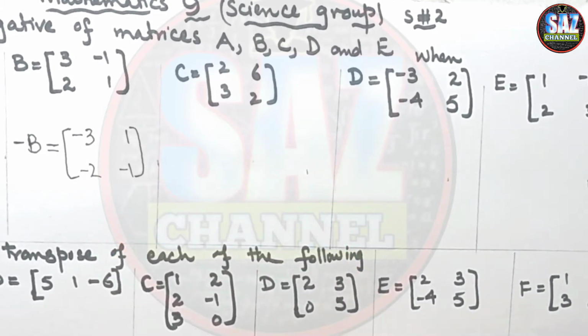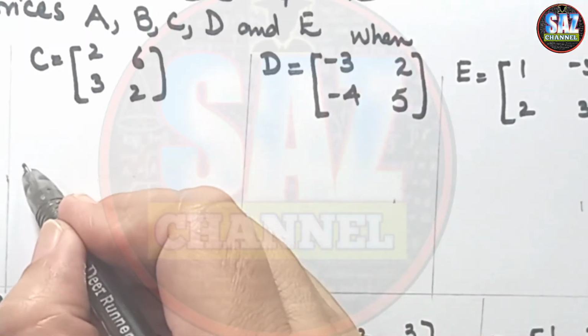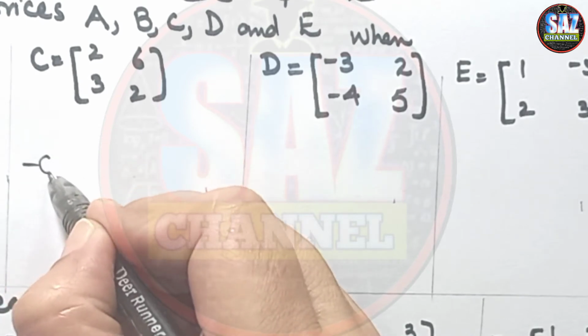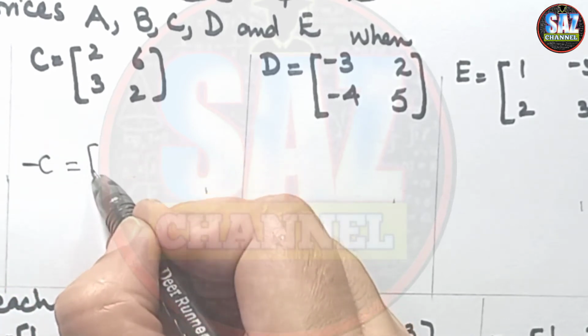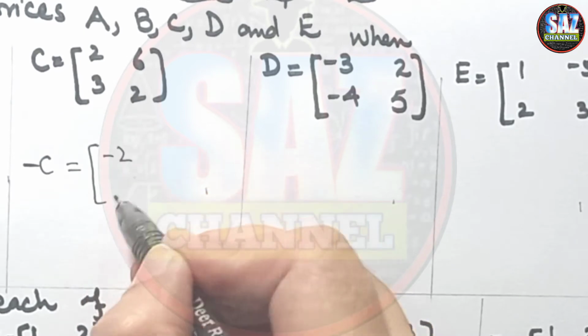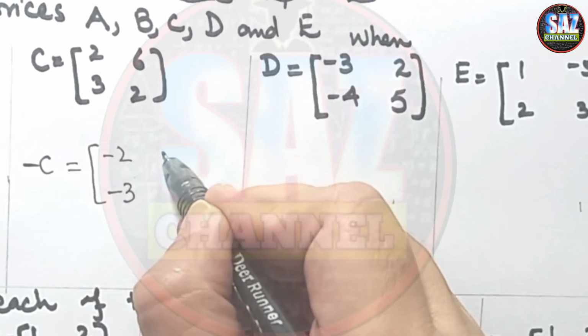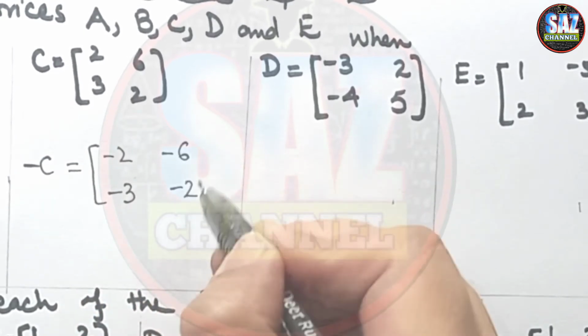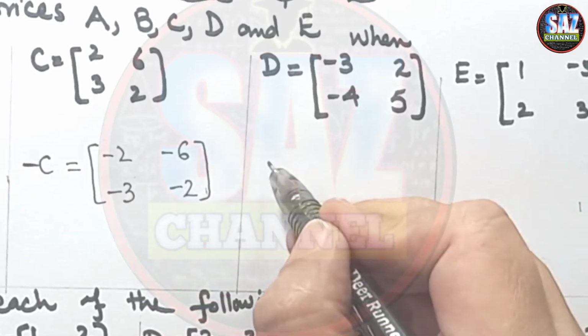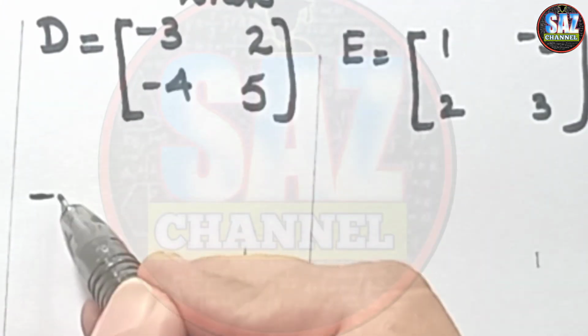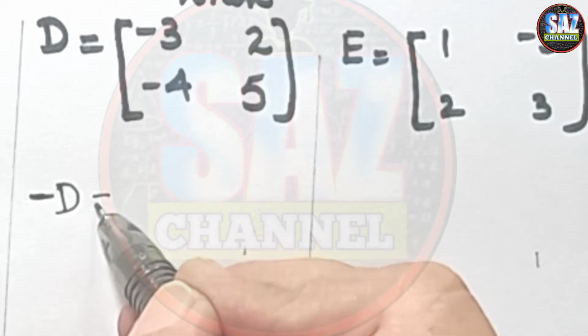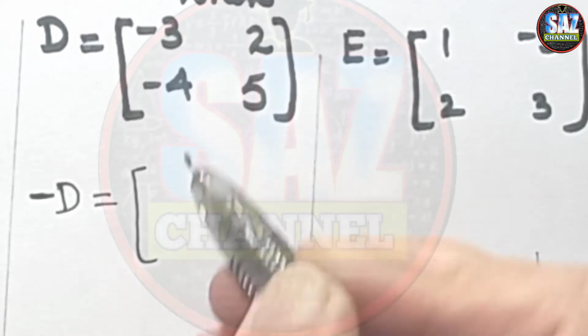Very easy questions. Let's move to the C part. In order to get the negative, minus C will be equal to minus 2, minus 3, minus 6 and minus 2. And D part, the negative of this matrix will be equal to, the first entry is negative.